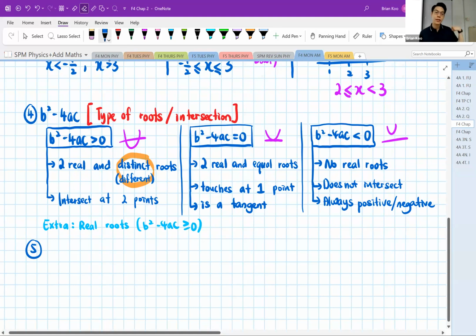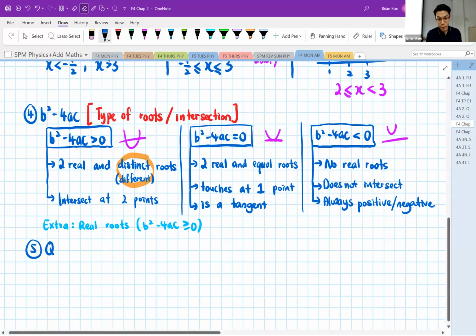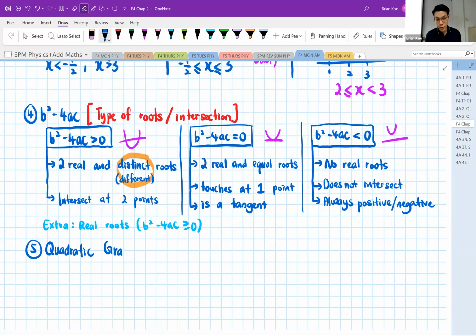The fifth one is a bit longer. We are going to look at quadratic graphs and also vertex form.